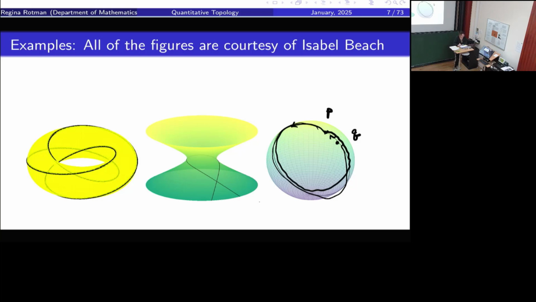So you can also see that on a sphere. A geodesic comes around, comes to itself, closes smoothly. You can go around it again and again. I might give a definition a little bit later, but this is a periodic geodesic.